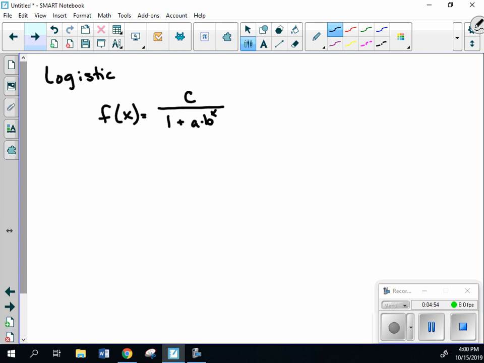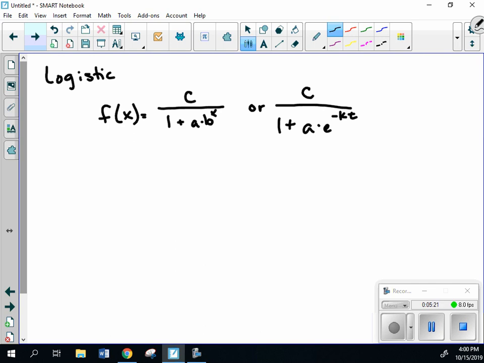Sometimes this is represented a little bit differently if we have the e, where we have a number. I know it doesn't seem like a number, but remember, it's kind of like pi. It is a number. It's 2.718 to be exact. So you will see a logistic in both ways.